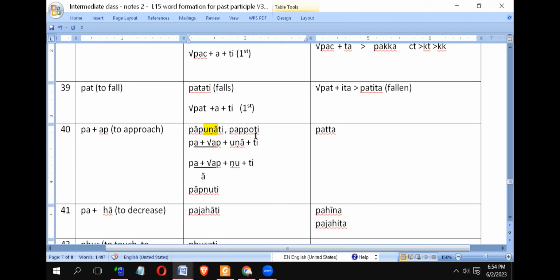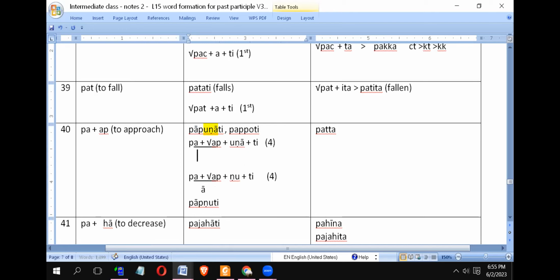I think this is the 4th group. Una has 2 conjugation signs, one is una, one is no. This also is the 4th group. So pa plus una. When you combine, you become long A. Then pa becomes papunasi.